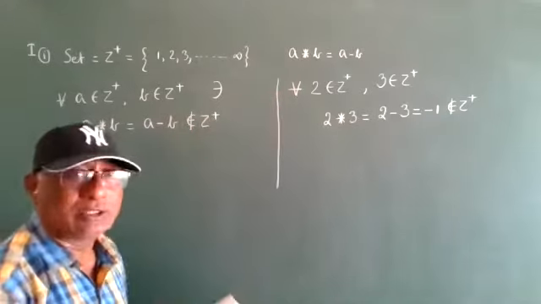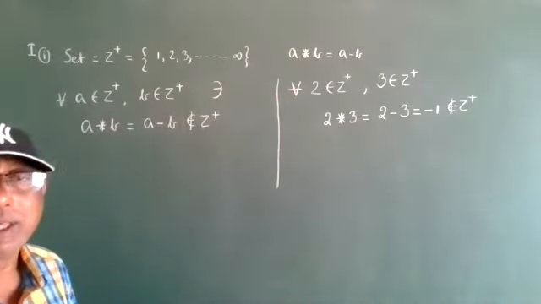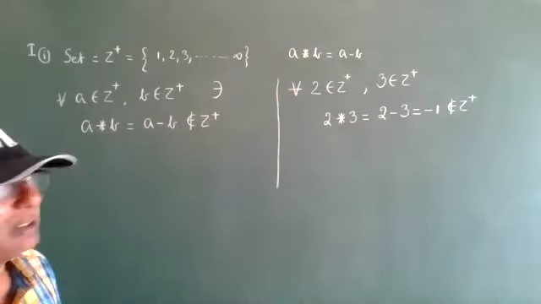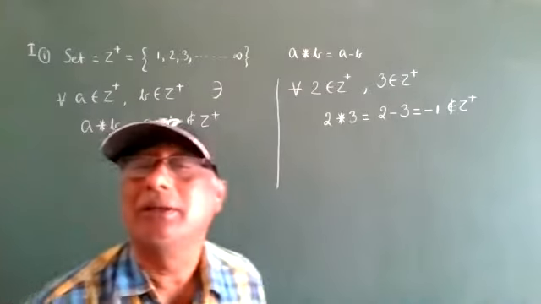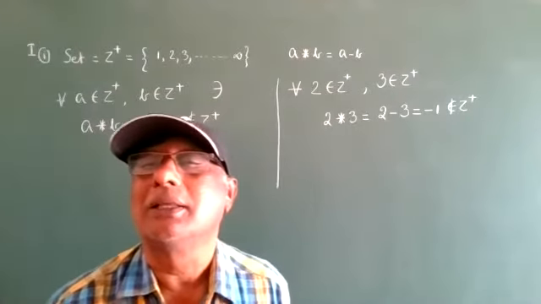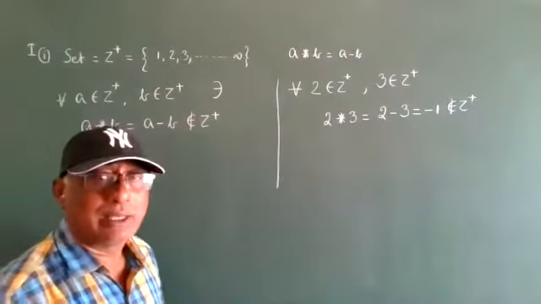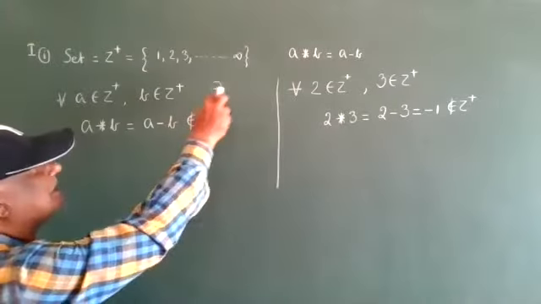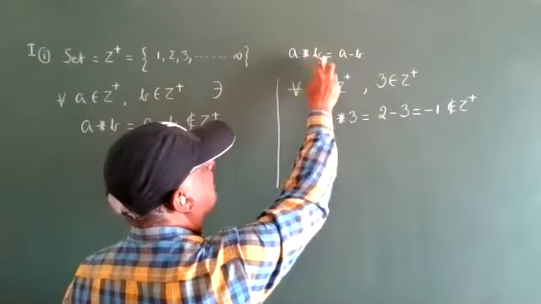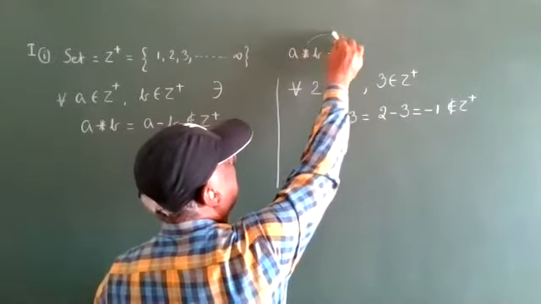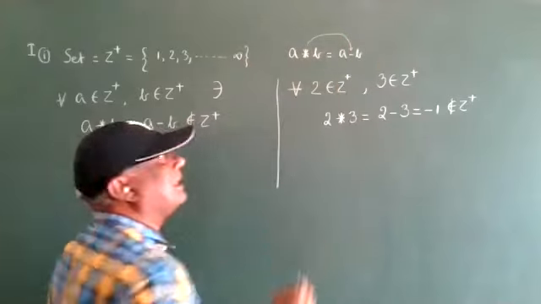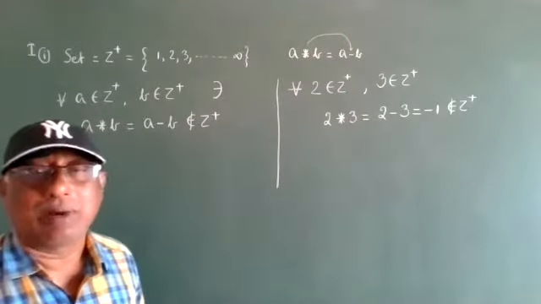How? By the example, it failed. Here star means operation, and the place of the star is given by minus.